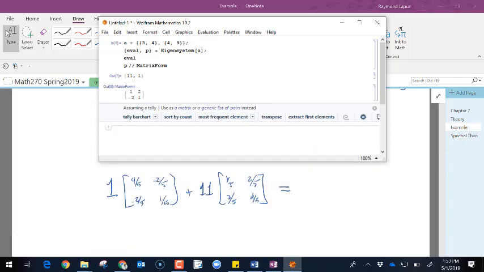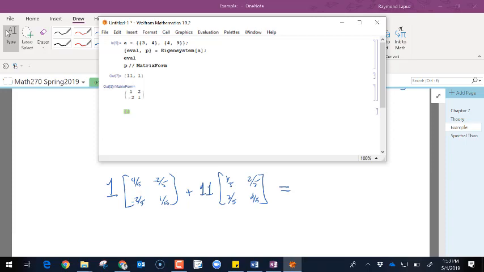This is 1 times the matrix 4/5, minus 2/5, minus 2/5, 1/5, plus 11 times 1/5, 2/5, and 2/5.